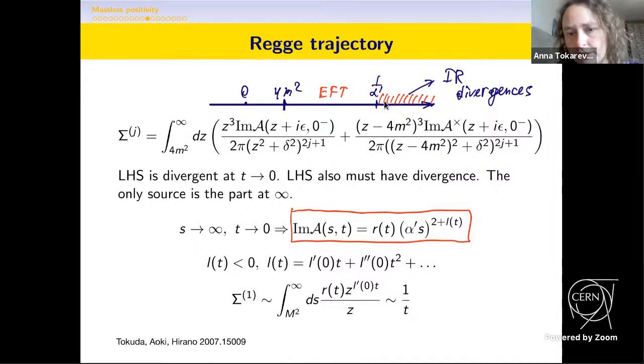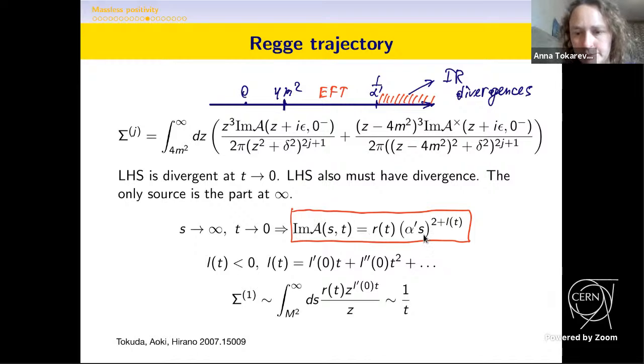And after that, we have some tail which, for a specific form of the amplitude, will lead to the appearance of the 1 over t divergence here. And this is the only source from which we can gain 1 over t here. In order to get this, we have to assume that the imaginary part has some specific form, which is called Regge form.